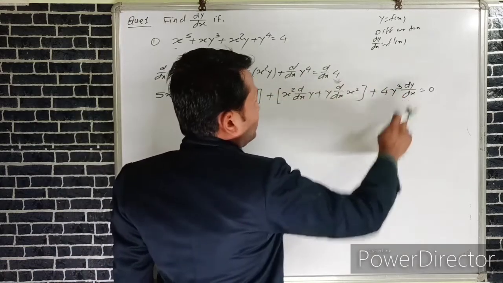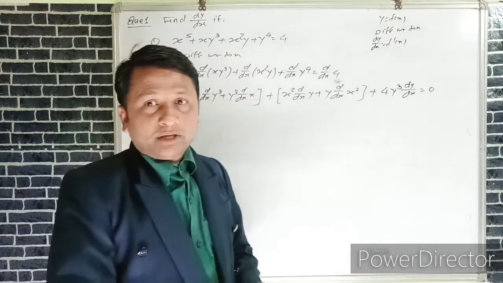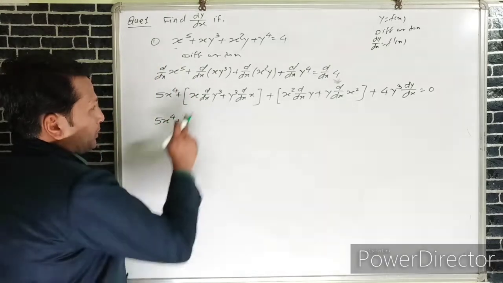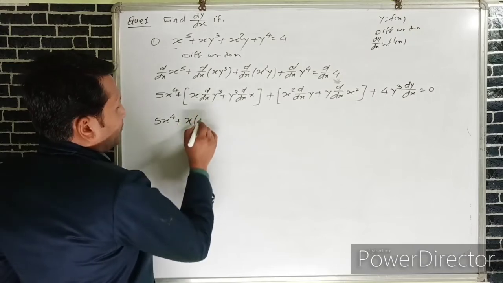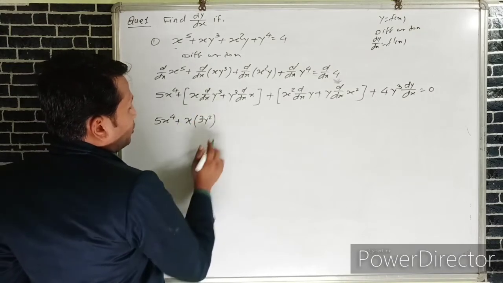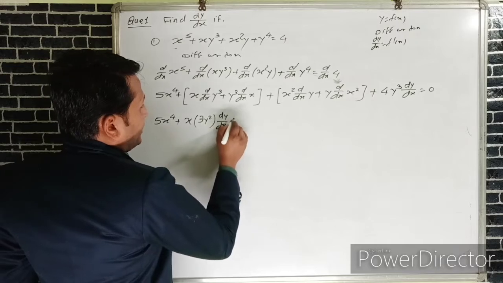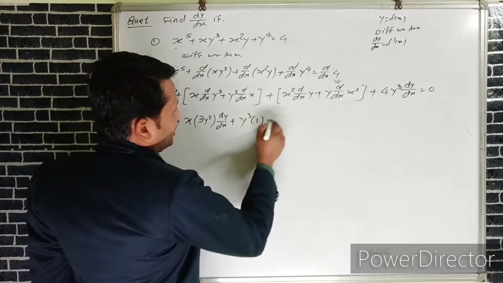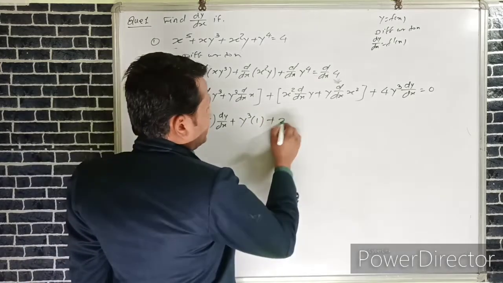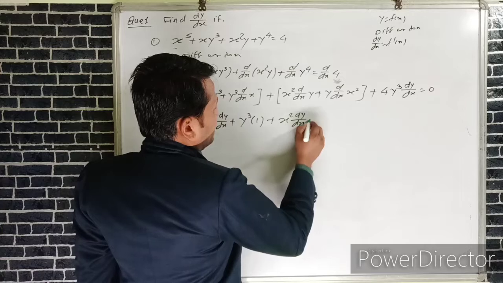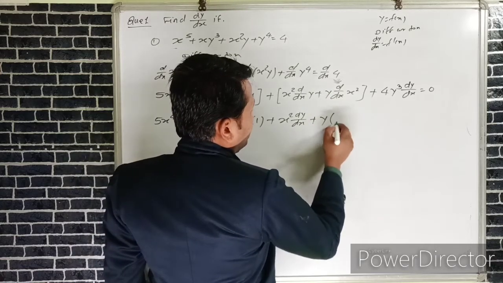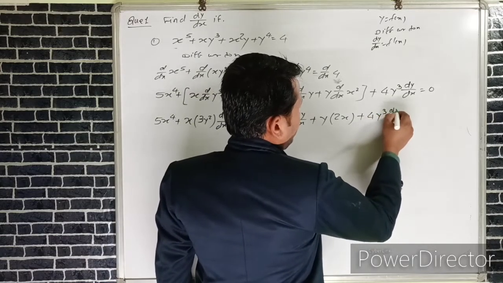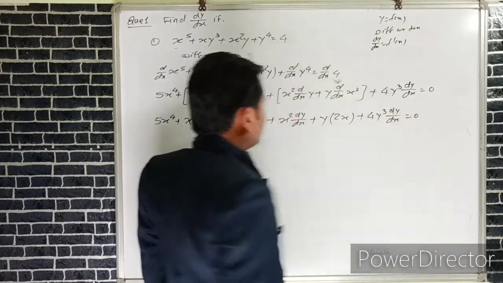Again we take the derivative of y, which is dy by dx with respect to x. After that we can write 5 into x raised to the power 4 as it is, plus x into the derivative of y cube, which is 3y square into dy by dx, plus y cube as it is and the derivative of x is 1, plus x square as it is into dy by dx, plus y as it is and the derivative of x square is 2x, plus 4y cube into dy by dx is equal to 0.